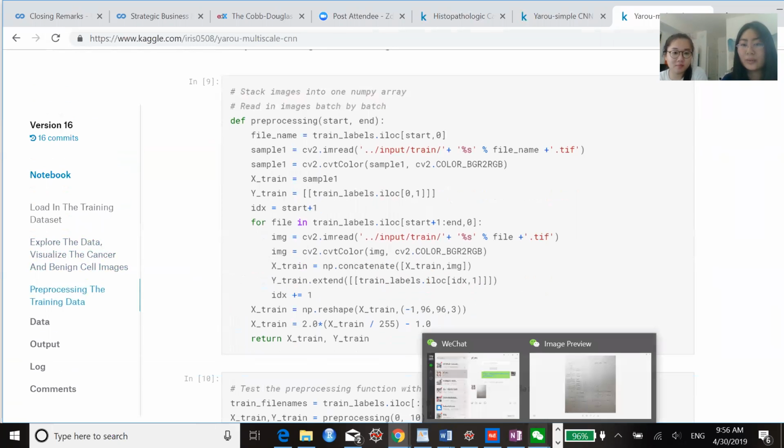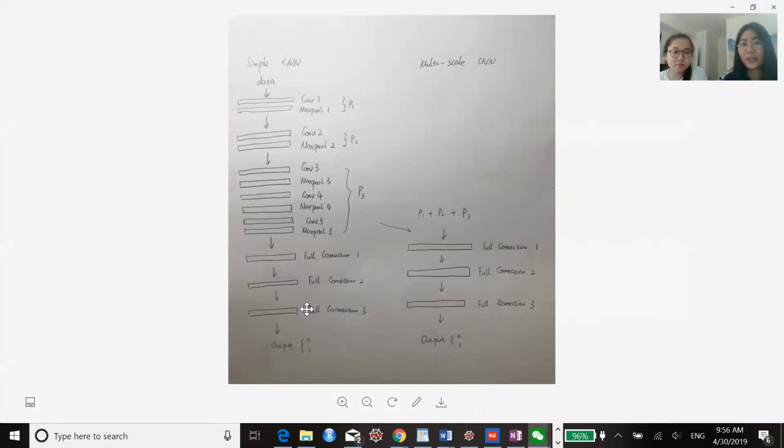Then we will go into the structure of this model, and this image can show us clearly. First, for our multi-scale CNN structure, we use 3 parts of convolutional and max pooling layers. The first part is 1 convolution, 1 max pooling. The second part, 1 convolution, 1 max pooling.